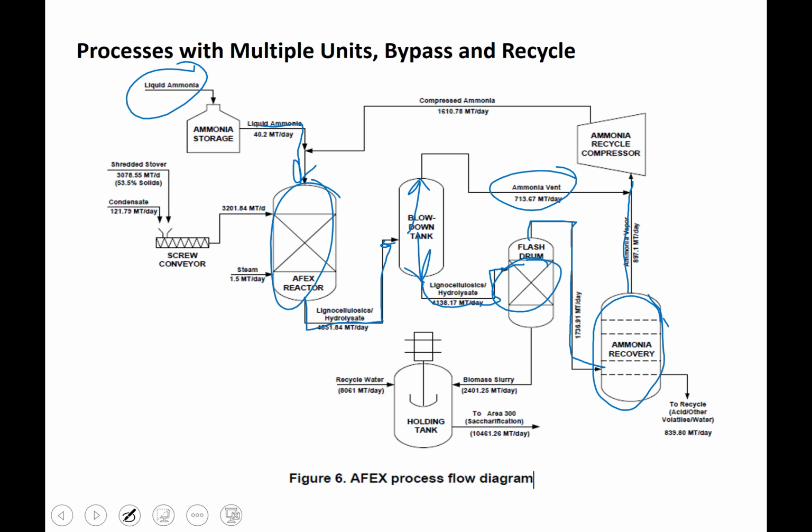Through this method, we are able to reuse most of the ammonia. We'll compress it and feed it back in where it is mixed with the incoming liquid, and the process continues. So this is an example of a recycle process that you would be able to do the mass and ultimately energy balances for at the end of this course.